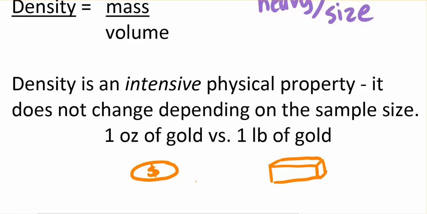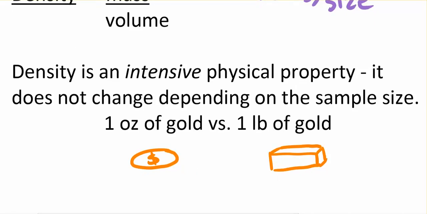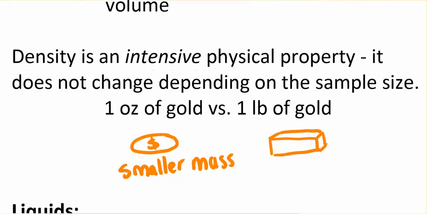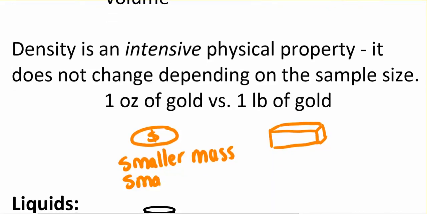Well, they have to have the same density because they're both gold. This one has a smaller mass, but it also has a smaller volume. And when you divide mass by volume, you'll get the same number as in the larger bar of gold. That's going to help us when we do our experiment.